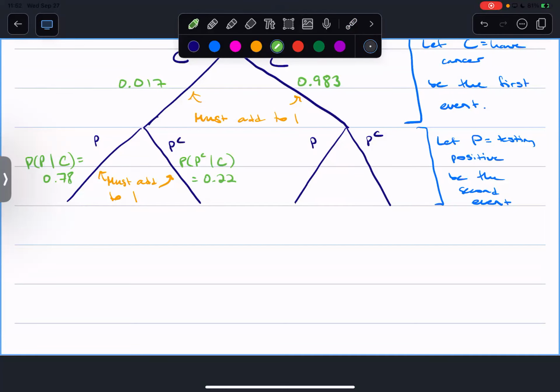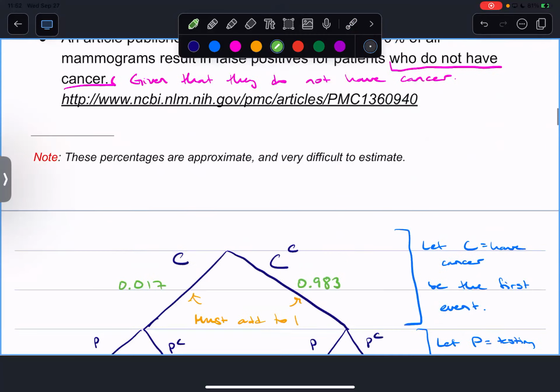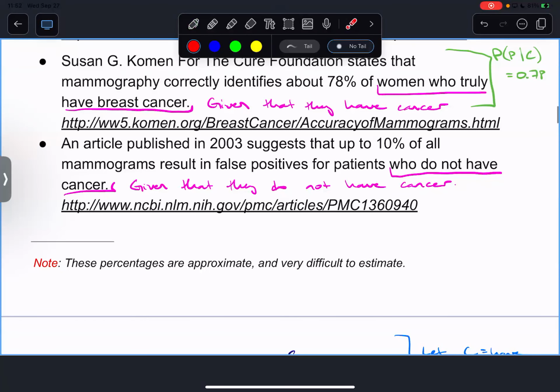All right, so what's the next part? 10% of all mammograms result in false positives for patients who do not have cancer. So same deal here.